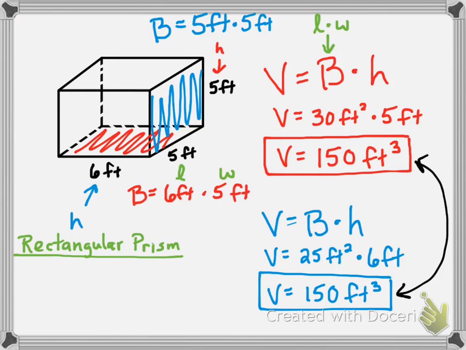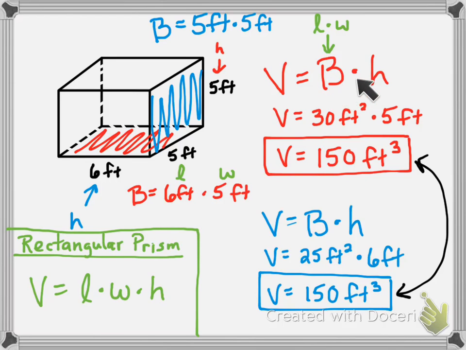So for an explicit formula that always works for rectangular prisms, you can just do volume equals length times width times height. Because isn't that the same as the area of the base times the height? Because the area of the base is just length times width. So you do length times width times height, and you get the volume of a rectangular prism. Now, you can use either formula because they are the same. So whichever one seems easier to you, that's fine.